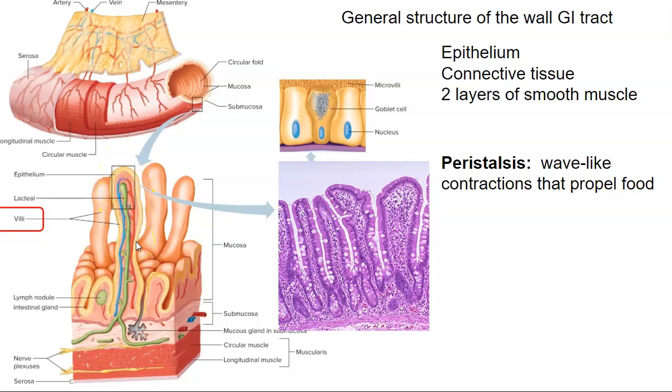And then even further still, on top of the simple columnar epithelium, we have these microvilli, which increase our surface area yet again. So we have villi and microvilli. So one of these here that I'm circling would be a villi, and then the microvilli, that's the dark purple band just on the very apical surface of those simple columnar cells.